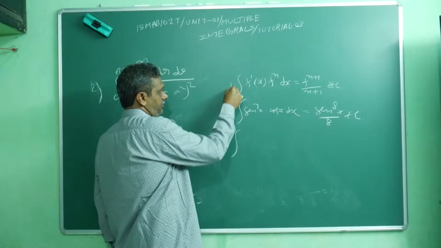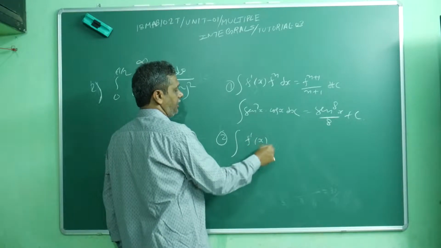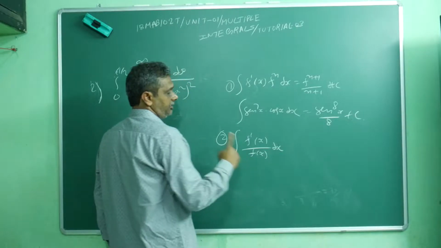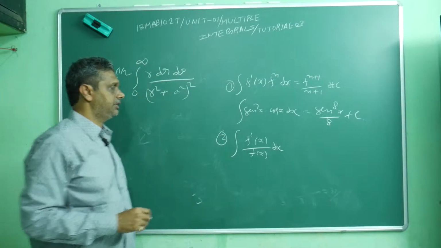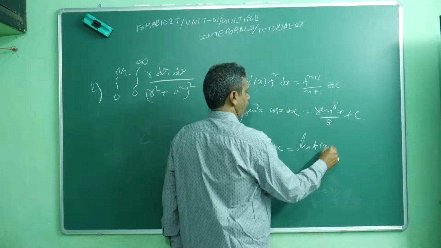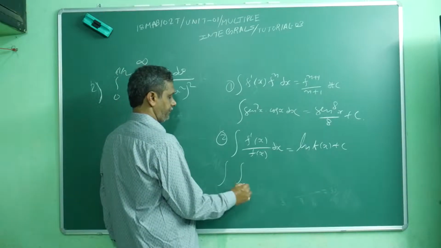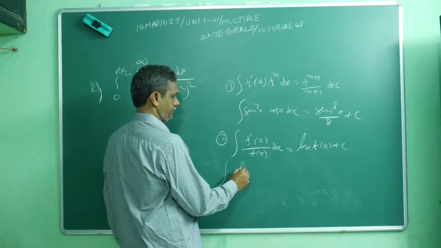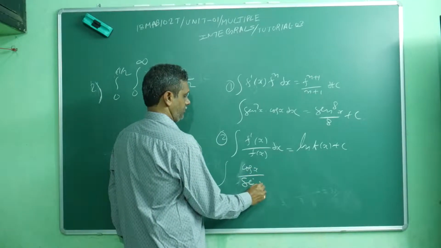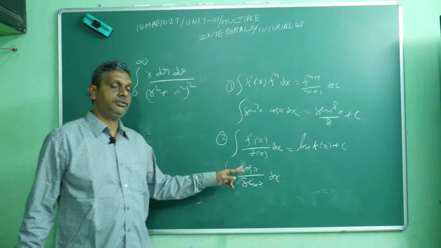Then another formula: integral of f dash x by f of x. Function in the denominator and its derivative in the numerator means you can write log of f of x. Suppose you take sin x as the function, its derivative is cos x.